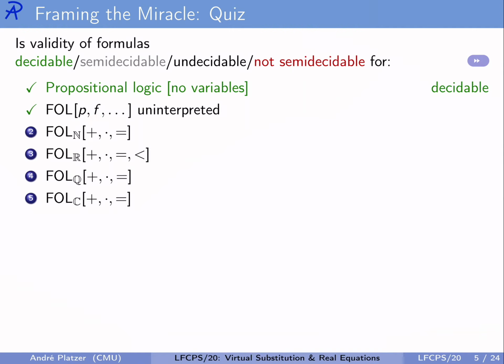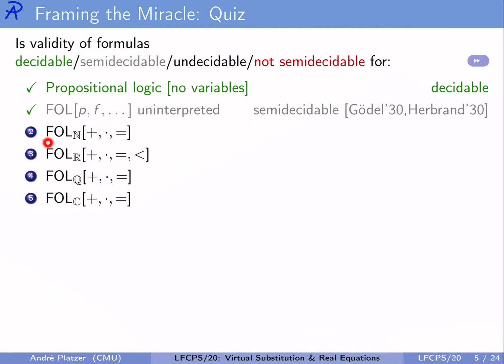Well, in that case, you're talking about uninterpreted first-order logic, and that's semi-decidable by seminal results due to Gödel and Herbrand, which means for a logical formula in first-order logic, if it is valid, there is an algorithm that for any valid input will give us a yes answer in finite time, in particular by also giving us a proof. But if the formula is not valid, it might just keep on trying and trying to prove it and failing, and it doesn't know whether there just isn't the proof or whether it just hasn't quite found the right proof yet.